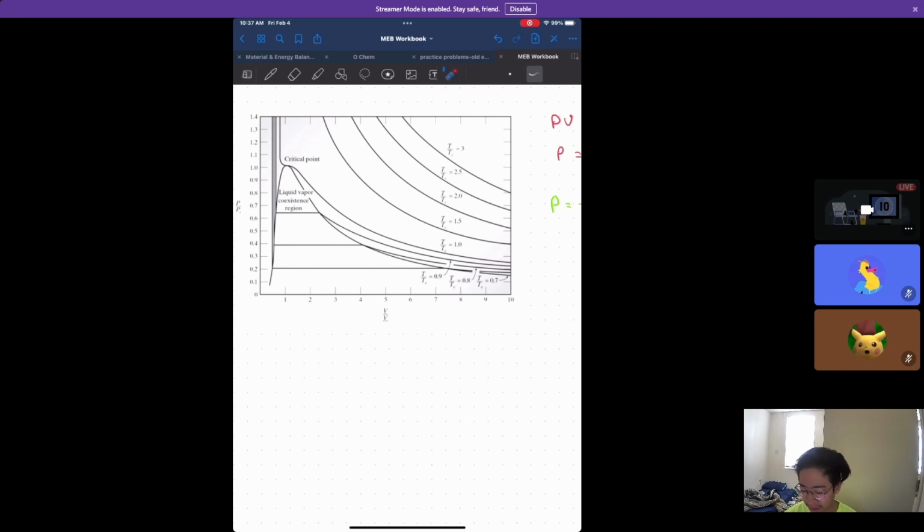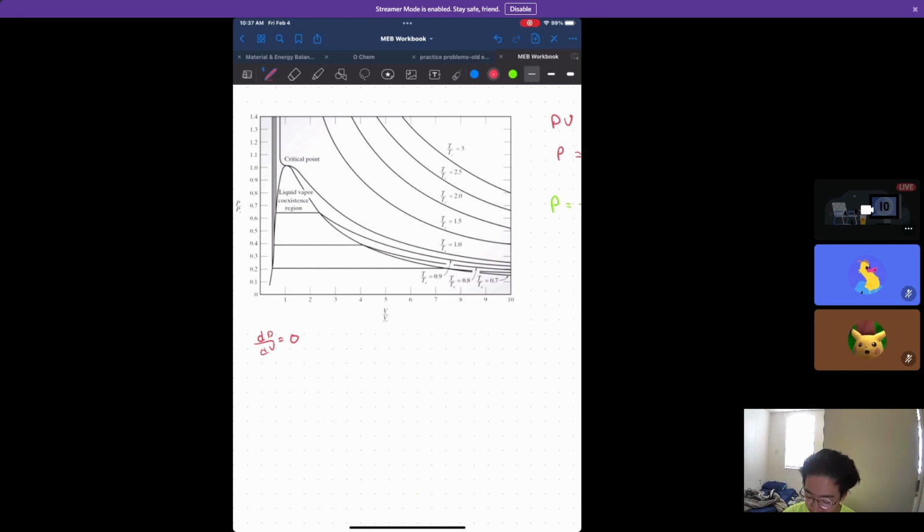But what do you notice? Think back to Calculus 1, okay? What do you notice about this line, and what's special about the critical point? Well, for starters, it's a maximum, right? So what does that tell you about the first derivative? It tells you that the first derivative, dP/dV, is equal to 0.